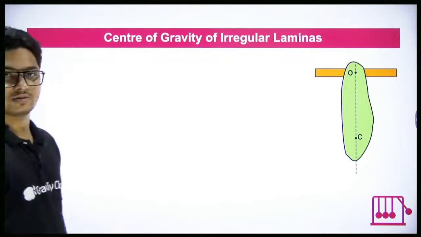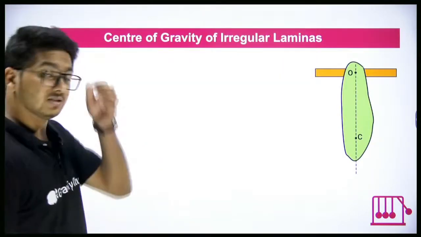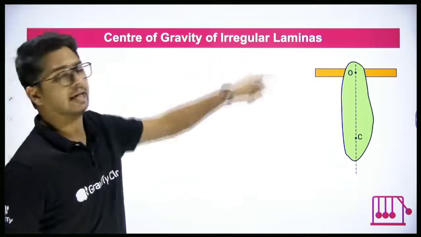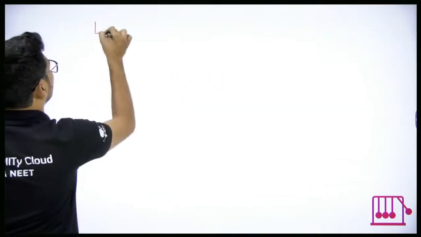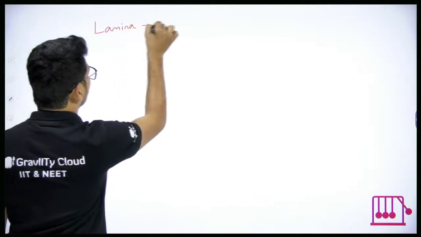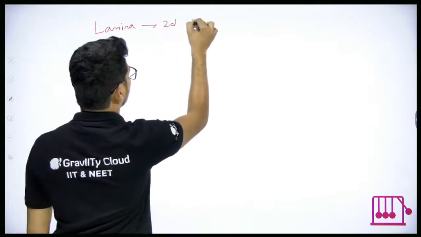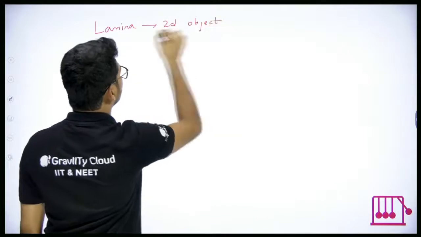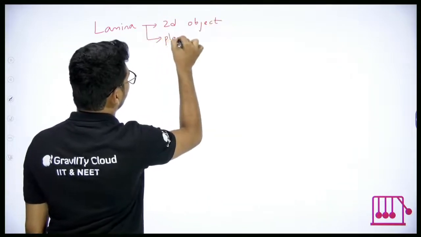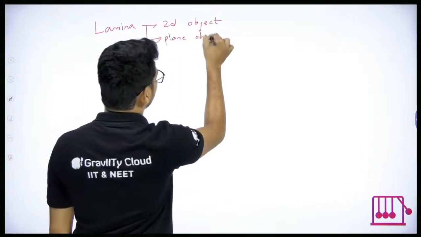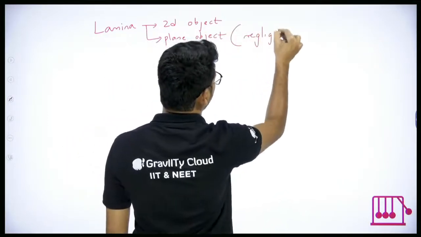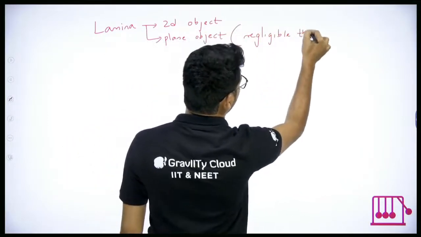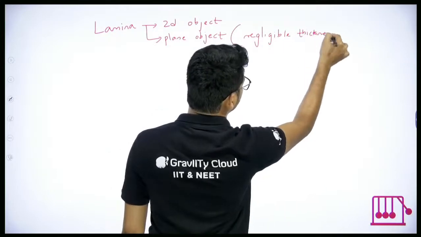Before that, understand this. Again, I'll come back to the word lamina. What does lamina mean? Lamina will mean a 2D object. When I say 2D object, it's a plane object. And when I say plane object, it has negligible thickness, like a paper.